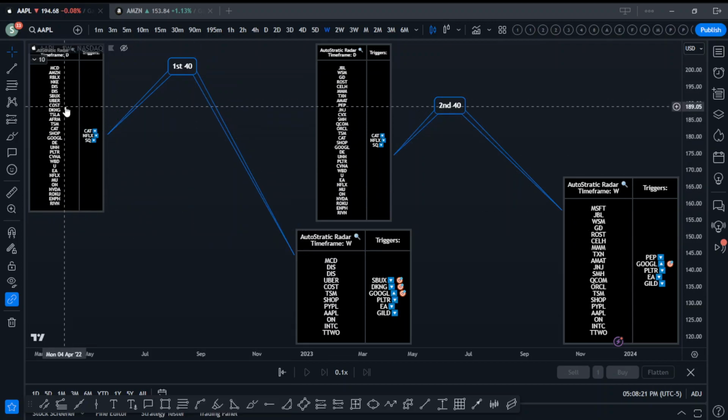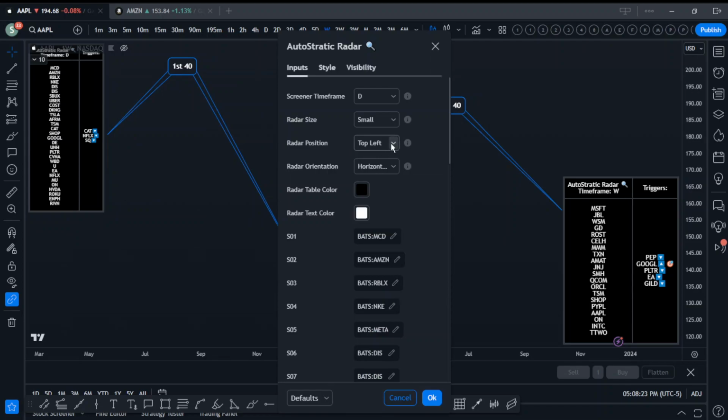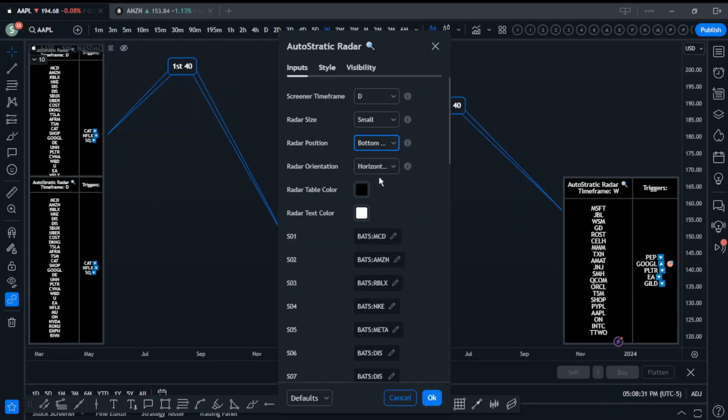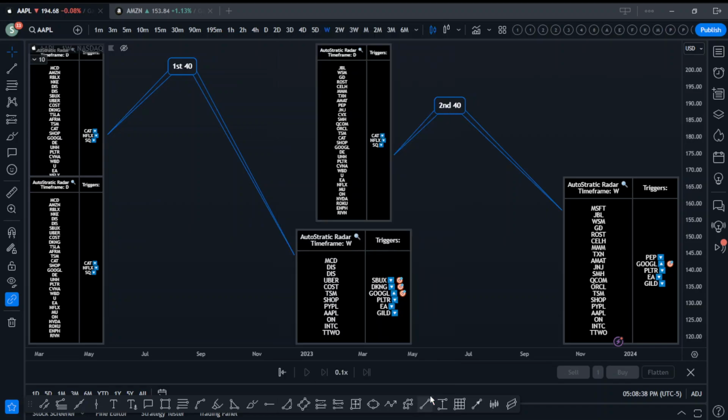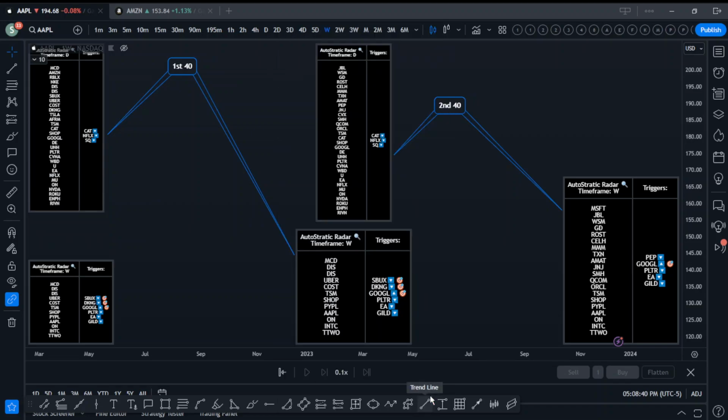You double click it and move it around. Let's move it to the bottom left so you can see. That's a copy of that, but then you change the time frame, so now it's looking at everything on a different time frame. That's why these two are the same.